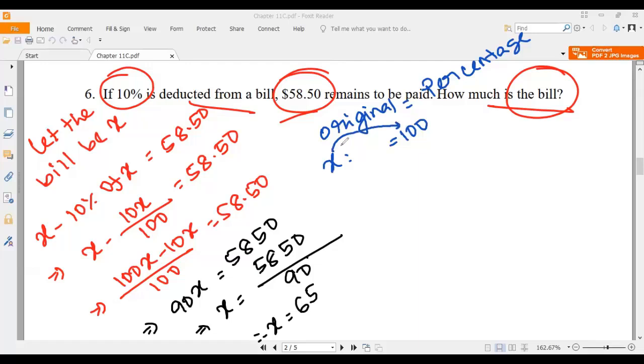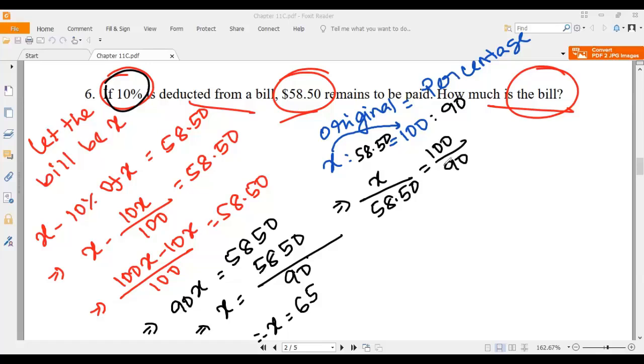We need to pay 58.50, that means after deducting 10%, 90% should be paid. So X by 58.50 equal to 100 by 90. Now, X will be 100 multiplied by 58.50 divided by 90. After doing the calculation, you will get your final answer, 65.